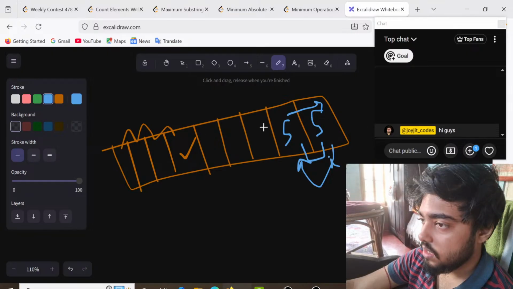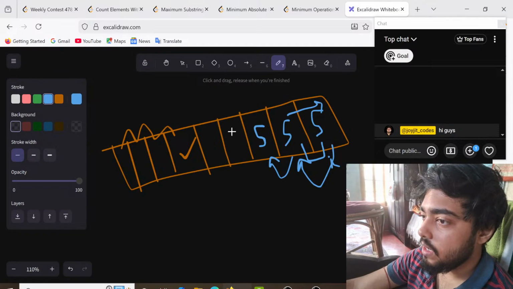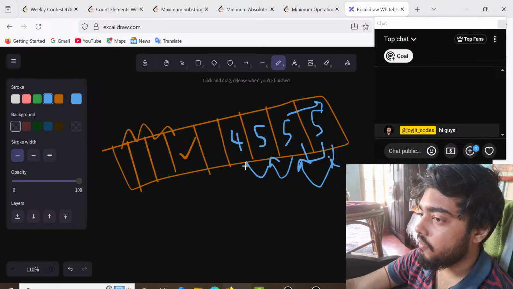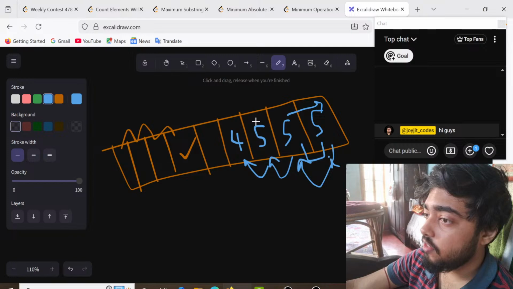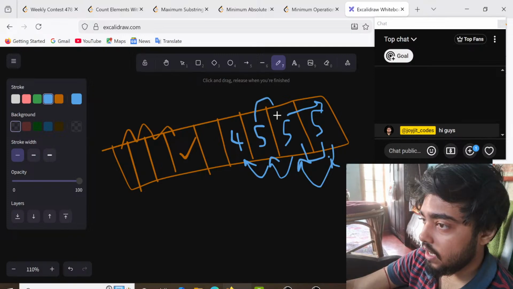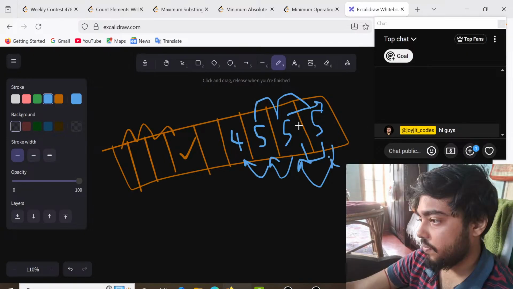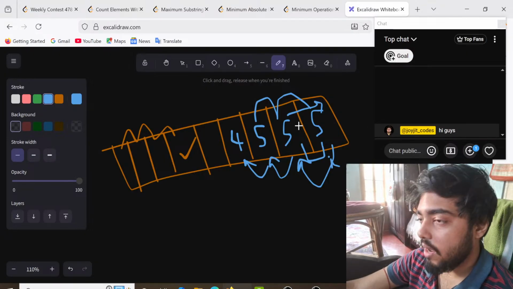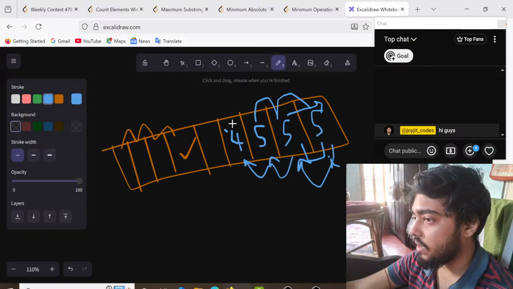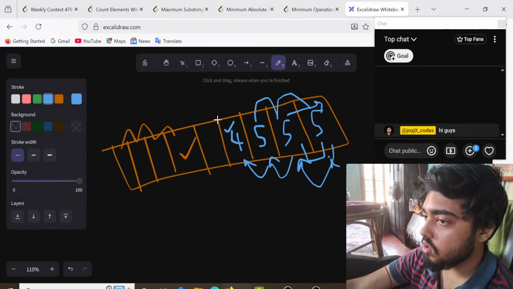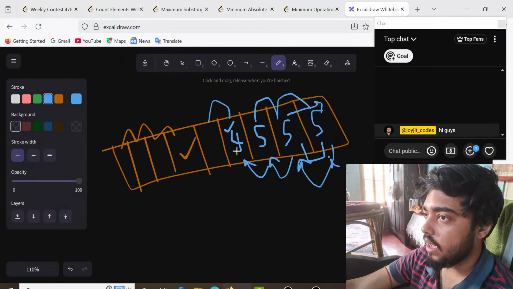Let's say this is also 5, then also we don't make any change. But the moment there is a number lesser than 5, let's say 4, now we know that there are three elements towards its right which are greater than that. So we have to check if the count has reached or exceeded k. If so, this qualifies. If it is not so, then do the same thing again and again.